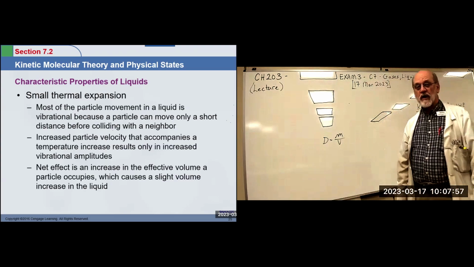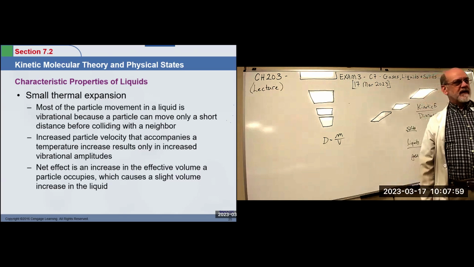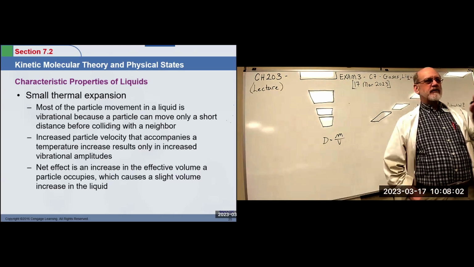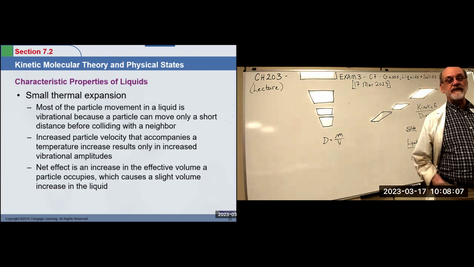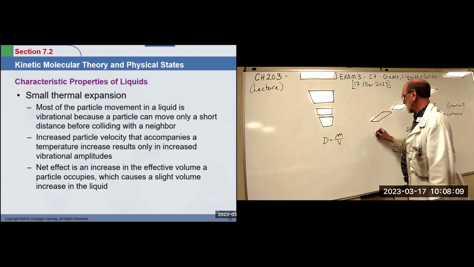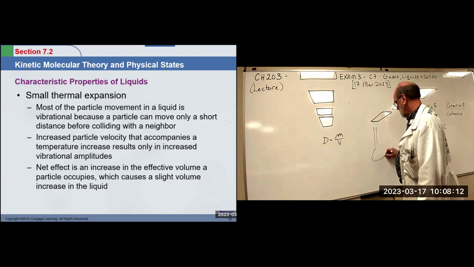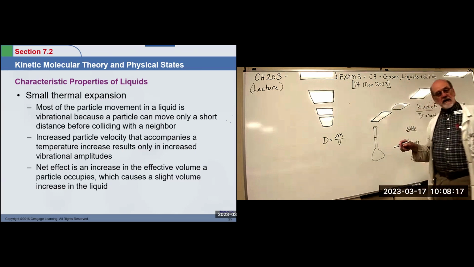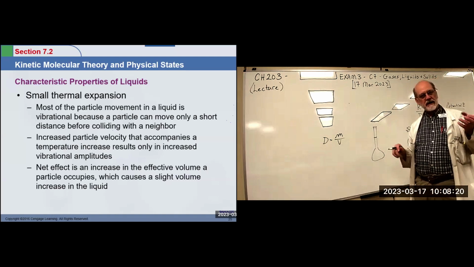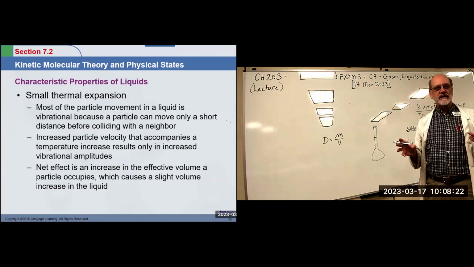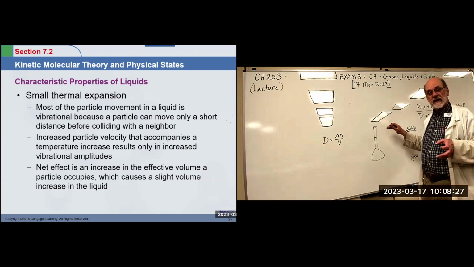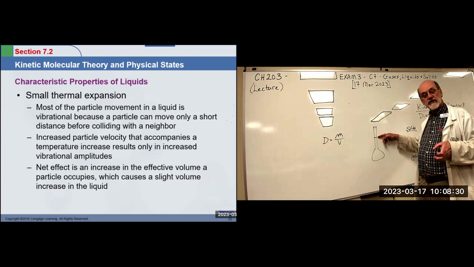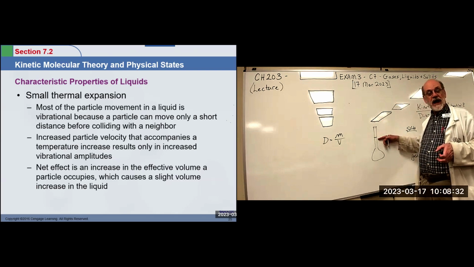They also have a very small thermal expansion. That's why in the laboratory, when we have aqueous solutions and we're bringing them to a definite volume inside a volumetric flask like this right here, we try to be extra careful about the heats of reaction or heats of solution. If we put something into solution and it heats up and we bring it to this volume, then when it reaches room temperature, the volume will drop.